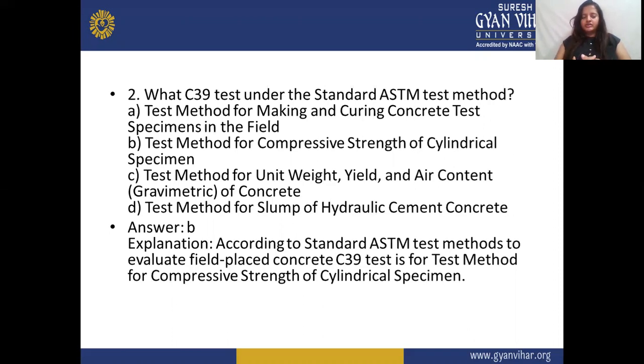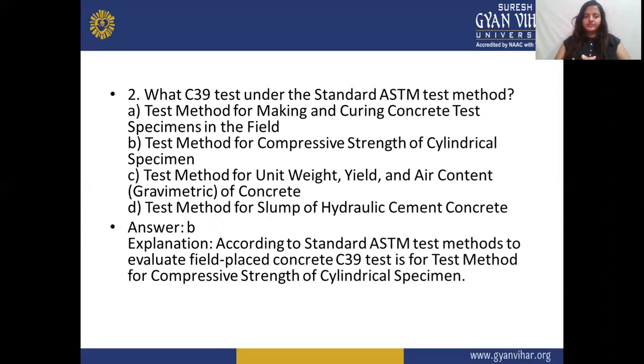Gravimetry can also be measured using X-rays, where the internal structure of the concrete can be obtained. Fourth, test method for slump of hydraulic cement concrete. The answer for this is B, which is test method for compressive strength of cylindrical specimen.